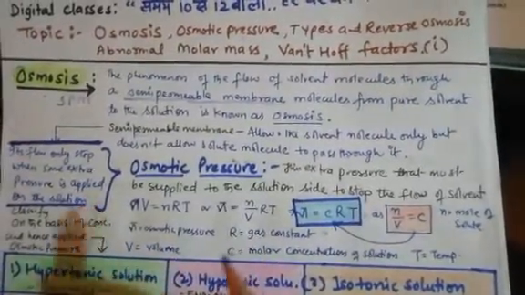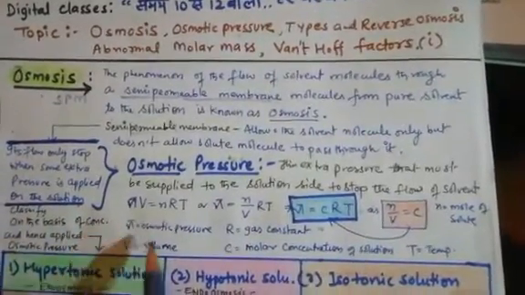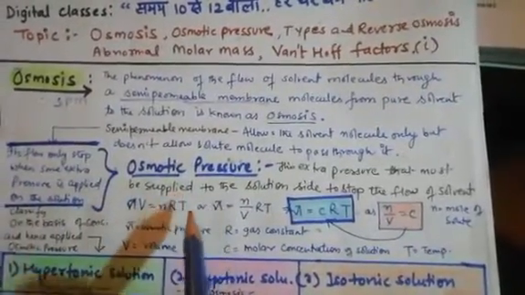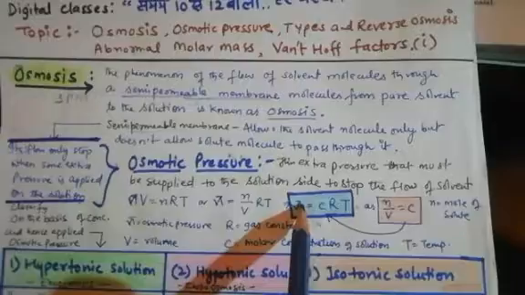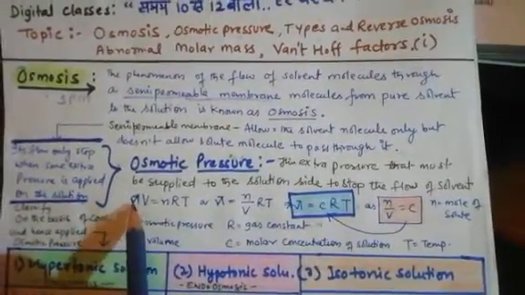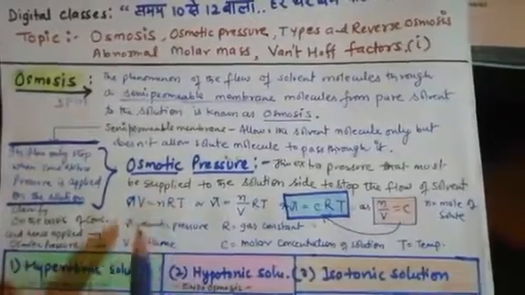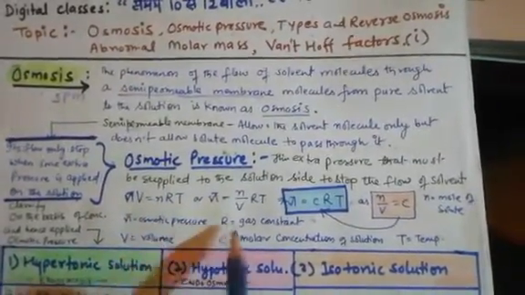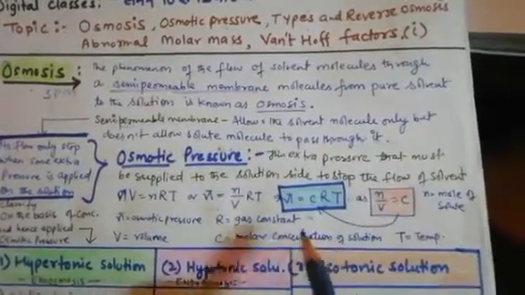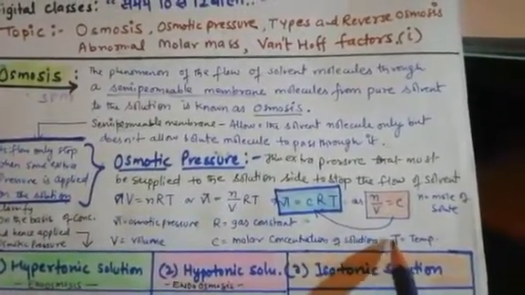Experimentally it has been found that for dilute solutions, osmotic pressure, which is pi, is proportional to the molarity, written here as C. According to the gas equation, pi V = nRT, where pi is osmotic pressure, V is volume, R is gas constant, and T is temperature.